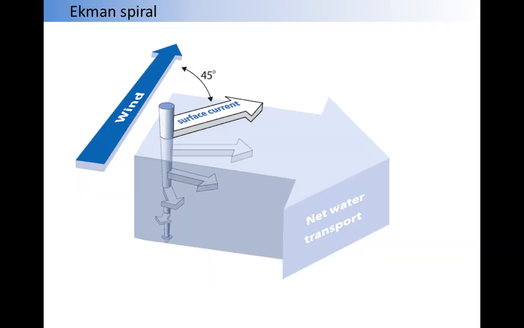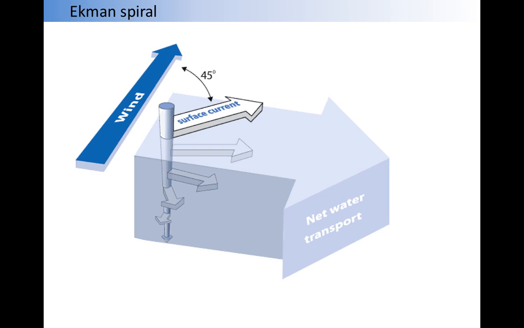So somebody might already recognize wind and wind stress acting on a fluid in a rotating frame. In 1907, there was a pioneer who examined this relationship between wind and currents. We call it the Ekman spiral.